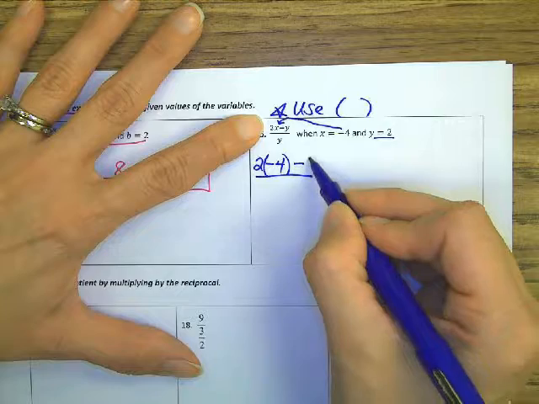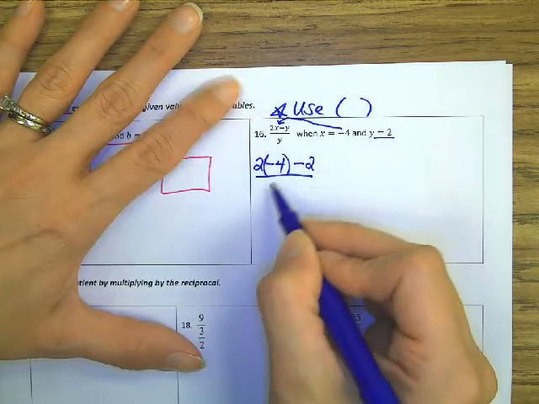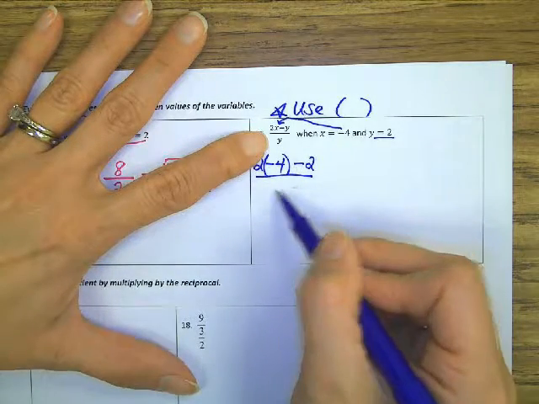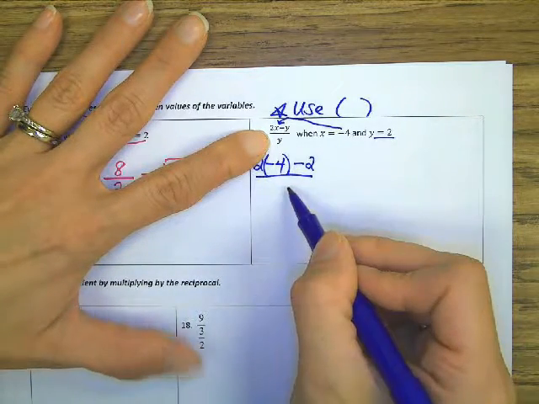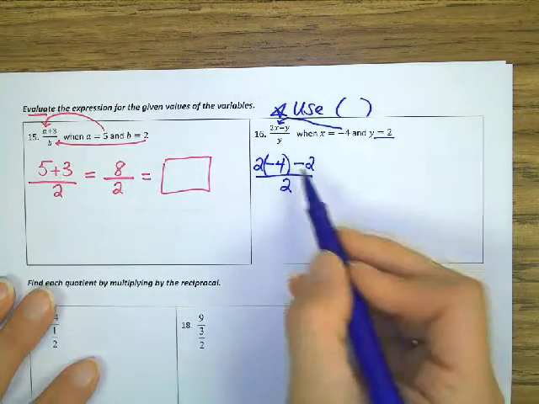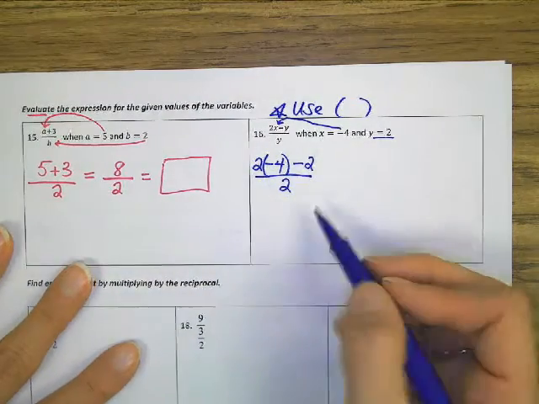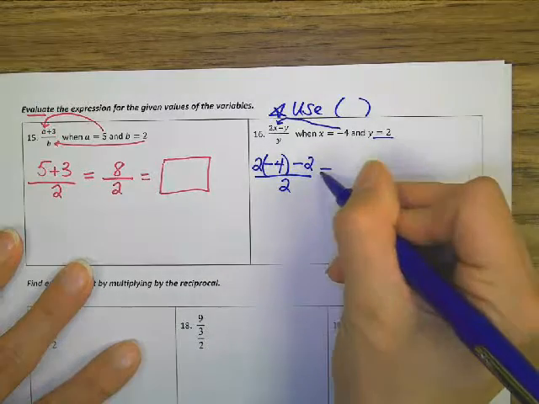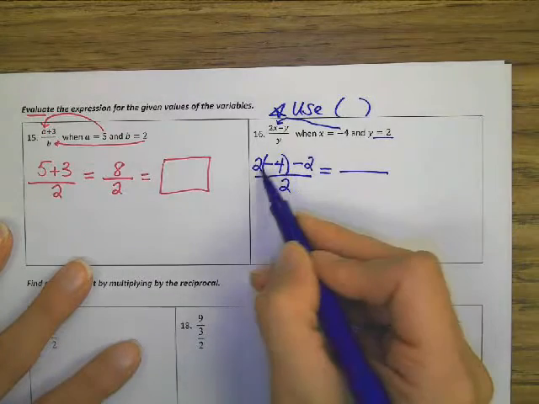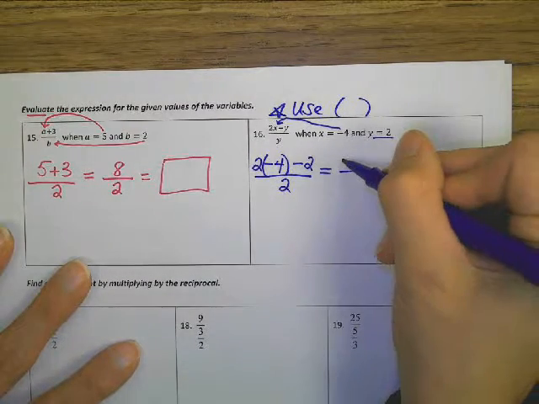Okay, how do you do fractions? We're going to clean up the numerator, we clean up the denominator, and then the fraction is nice and simple. The first thing I think I'll do is multiplication. Negative 8 minus 2 over 2. Because a positive times a negative is a negative. All right, now we got to clean up the numerator some more.